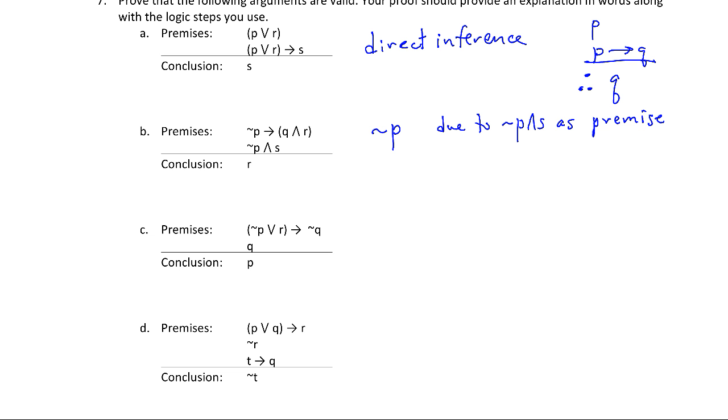I don't tend to remember the names of these rules. Then because we have not P, and we have not P implies Q and R, I can conclude Q and R, which is direct inference. And if I have Q and R, then I can conclude R due to Q and R.